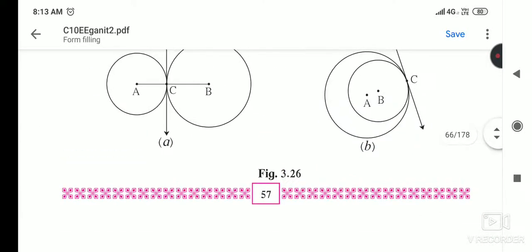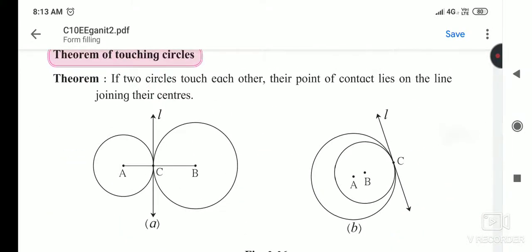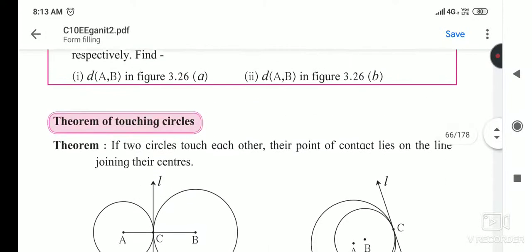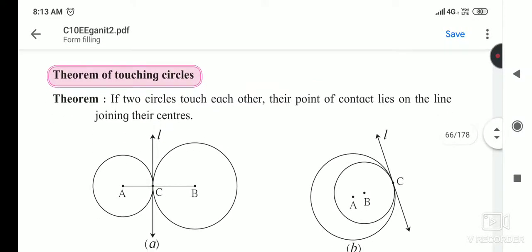What is the next point? The theorem says: if two circles touch each other, their point of contact lies on the line joining their centers. That is the theoretical part. If you see the figure, let line L be the common tangent.